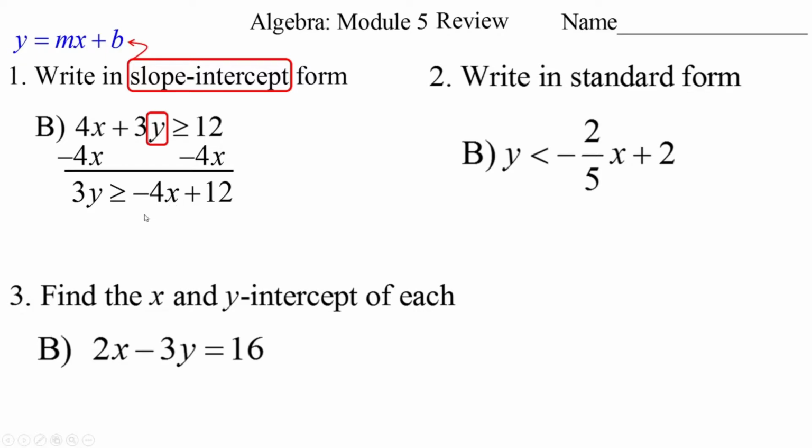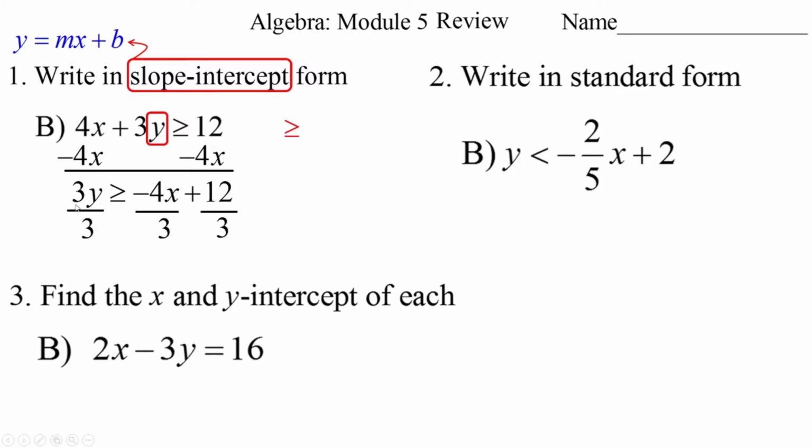Now, one more step. You have to undo this multiplication by 3 right here. So let's divide every term in this inequality by the 3. And now just simplify. And when you multiply or divide both sides of an inequality by a positive number, that does not affect the orientation of our inequality symbol, so we will still be greater than or equal to.